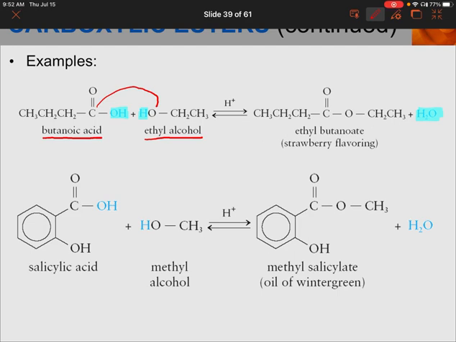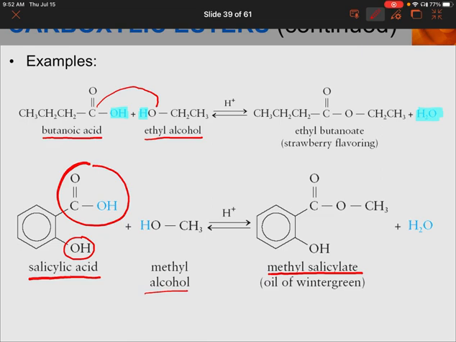Now in another reaction, if we were to combine salicylic acid, which you'll notice has a carboxylic acid group on a benzene ring, and then we have an OH group on the neighboring carbon. If we combine that with methyl alcohol or methanol, we end up with something called methyl salicylate, and that's also known as oil of wintergreen.